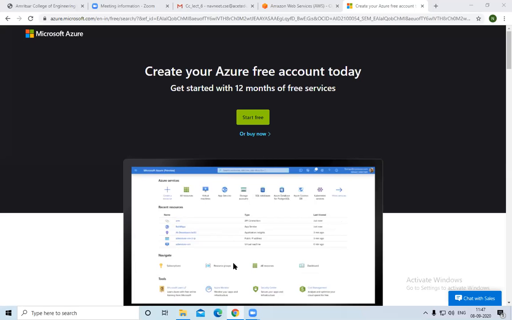Now there is another quiz related to cloud APIs. Answer this question. Protocol used in cloud APIs.